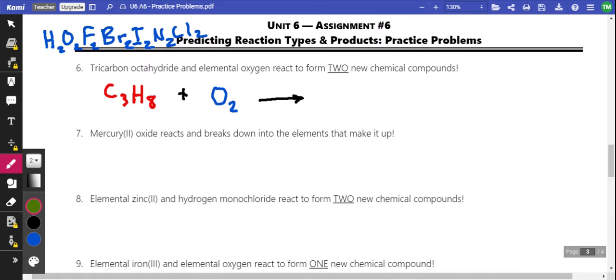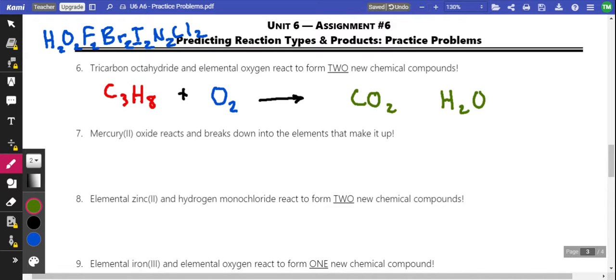Okay, so what I'm going to make on the other side is just going to be carbon dioxide and water. Combustion is the most strict about how we make our products. I could have C3H8, I could have CH4, I could have C4H10, I could have C2H2. Does not matter. As long as I have C's and H's reacting with O2, my products are always going to be CO2 and H2O, no matter what.